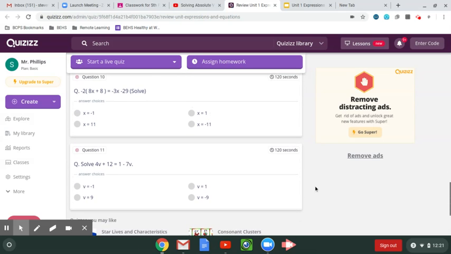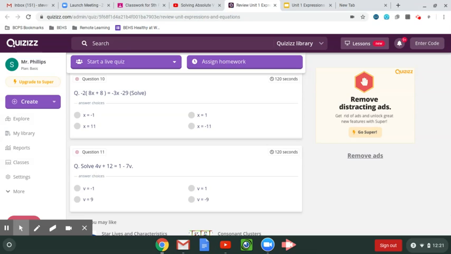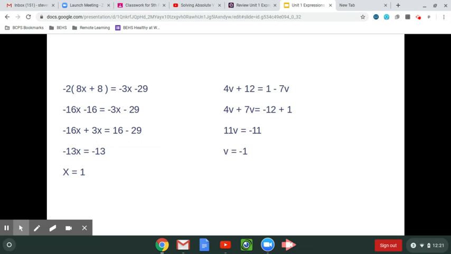Finally, on the last two questions that are very similar to Friday's test, you would just solve both these equations. I'm going to show both these on the slide. On this first equation, you distribute. Then you move your variable to the left, and you do the opposite of negative, you make it a positive.